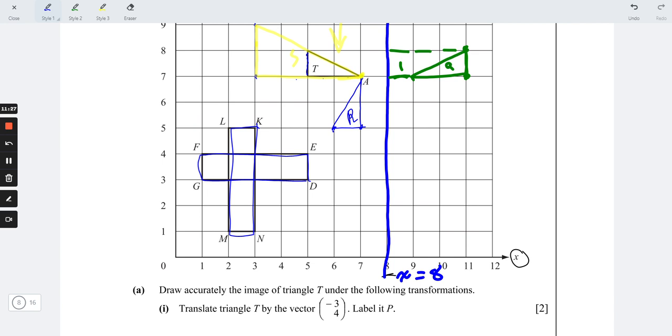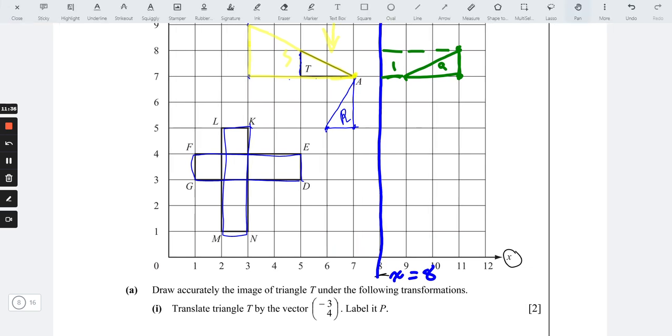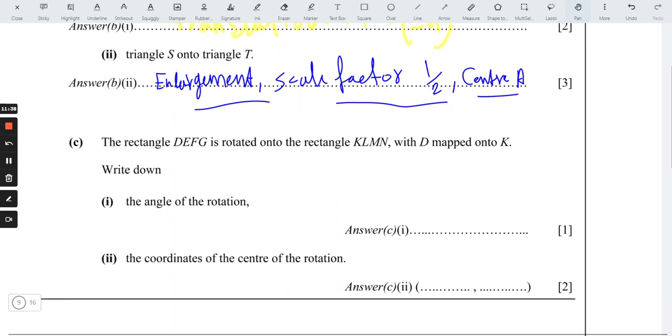So this rectangle, it's clear, it's 90 degrees from each vertex to each point. It's clear, 90 degrees. So here, rotation 90 degrees.